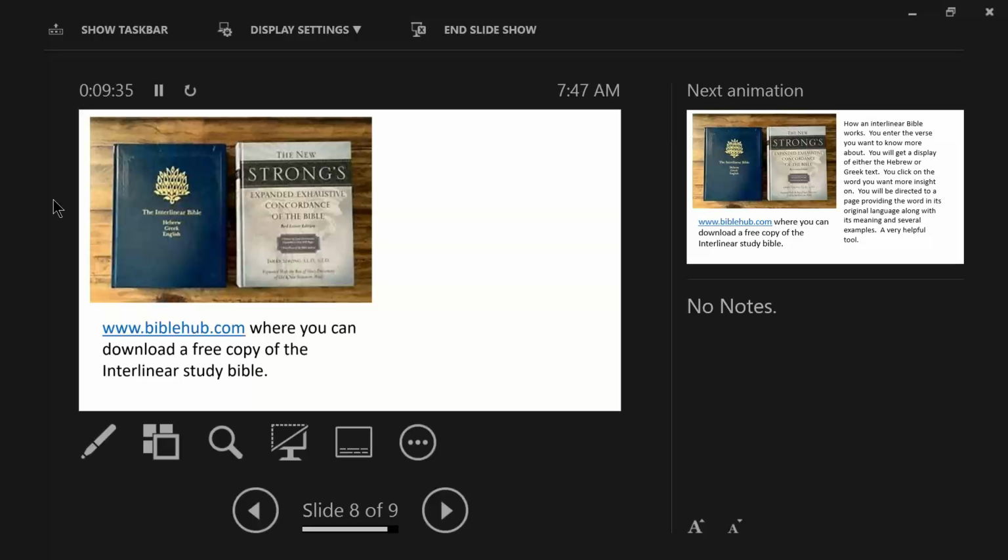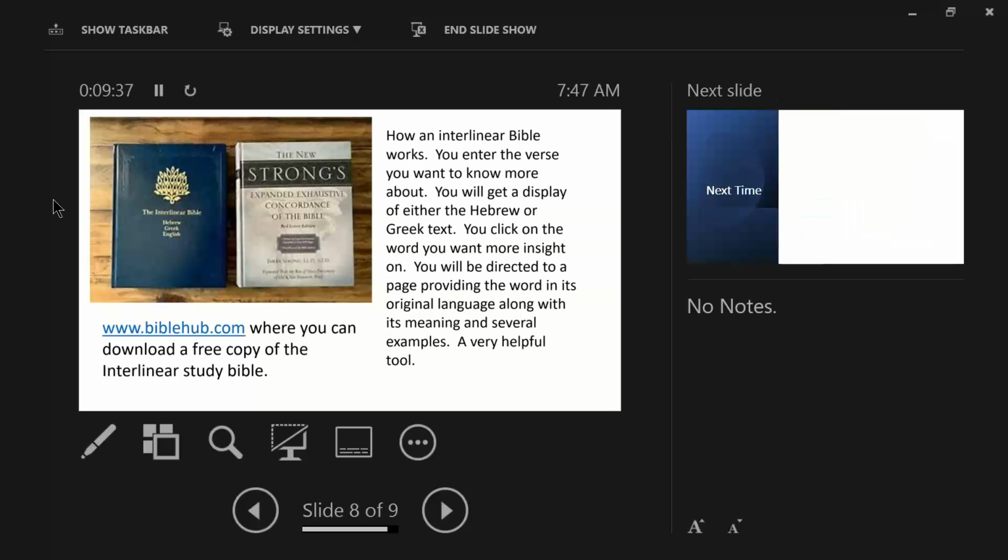And what that does is you enter the verse you want to know more about. You'll get a display of either the Hebrew or the Greek text with the English underneath it. And you will also notice that the structure of the sentence will be according to the Greek or the Hebrew language, not the English language.